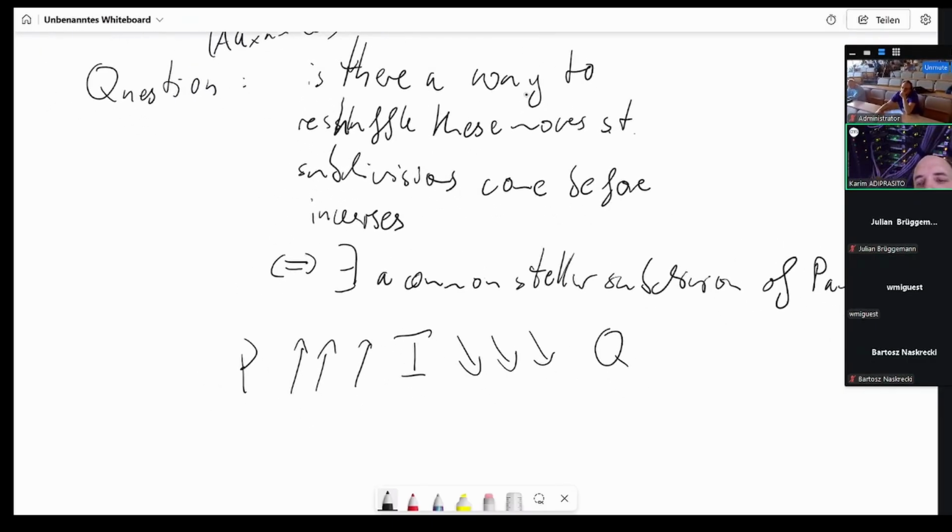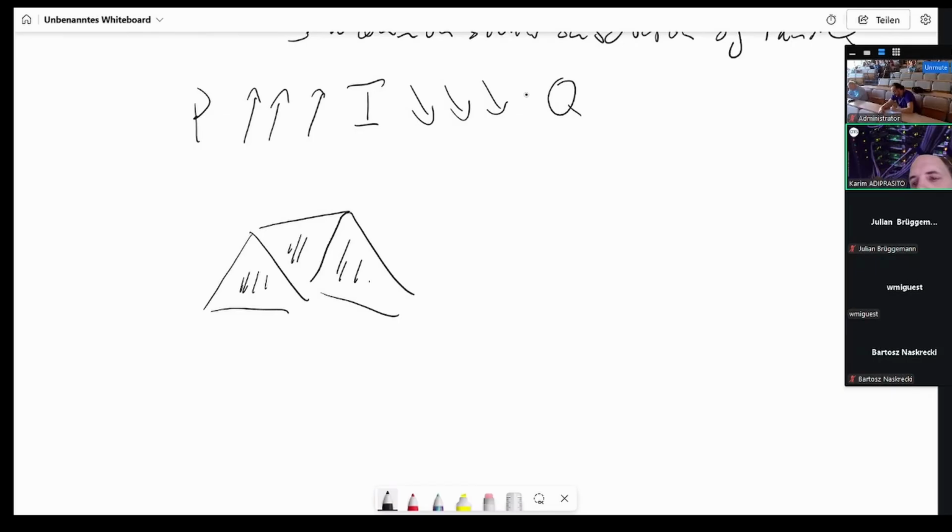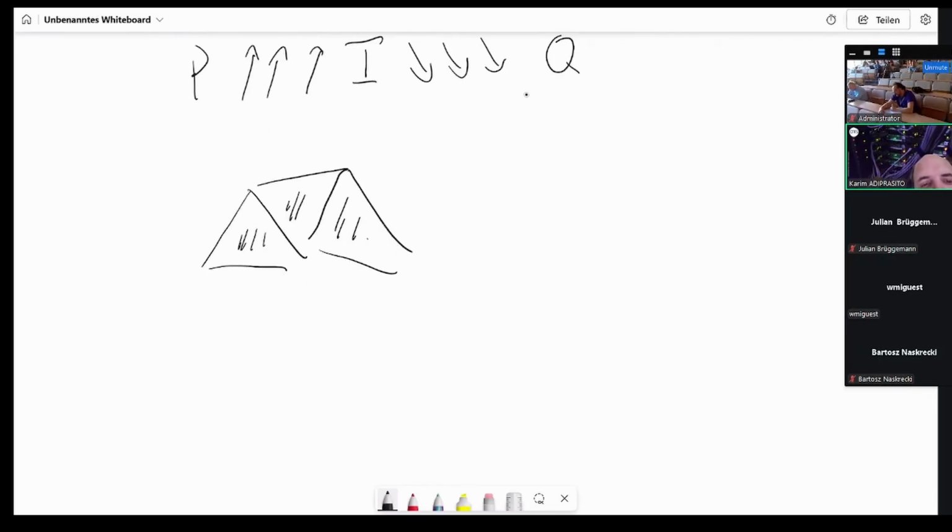You can already see if you look at simple examples that perhaps this is not so trivial, right? So for instance, if I have this space here, then I could look at the following subdivisions.